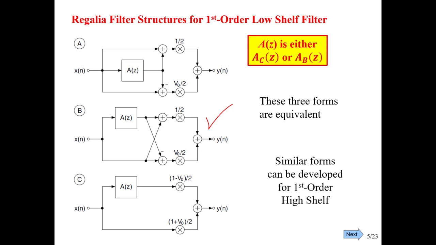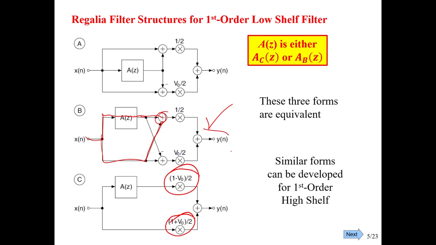And then the final one, if we just think about what's really happening here, we can think about the signal going through here, and then we get an X and the output of that. So that would give us a 1 times V0 over 2 there, and a 1 plus V0 over 2 there.